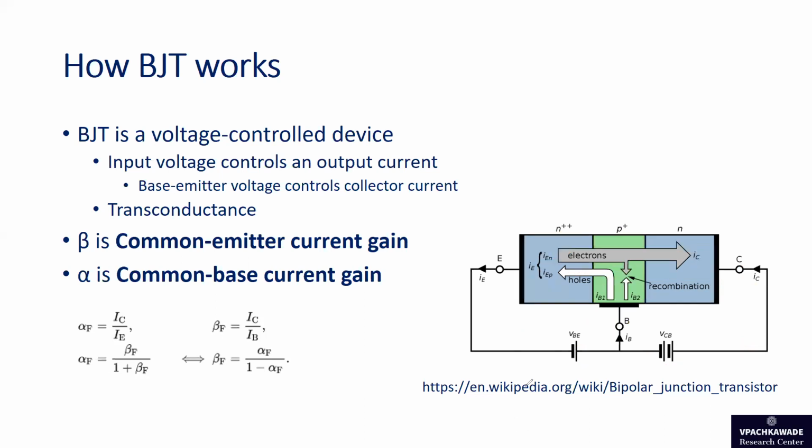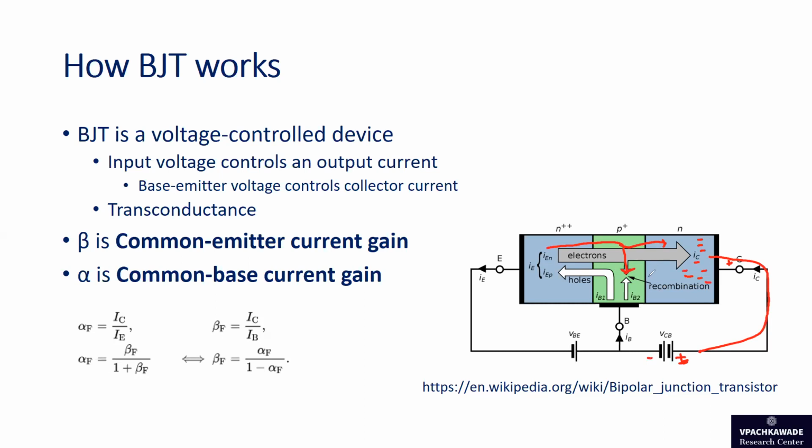We have said that due to this voltage applied here, the electrons coming from the emitter region, some of them get recombined with holes in the base, and others are collected across the collector region because of this voltage polarity we apply. So positive voltage at the collector makes sure the electrons experience an attractive force and they are collected in this way.